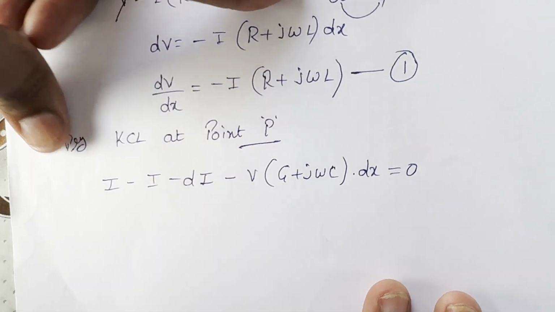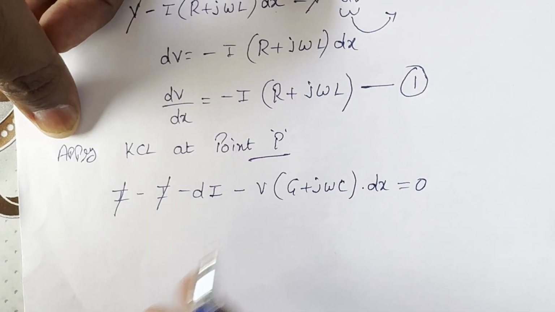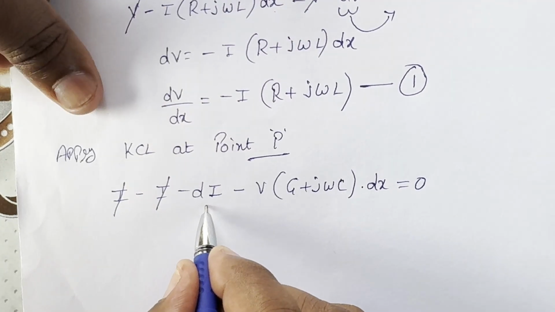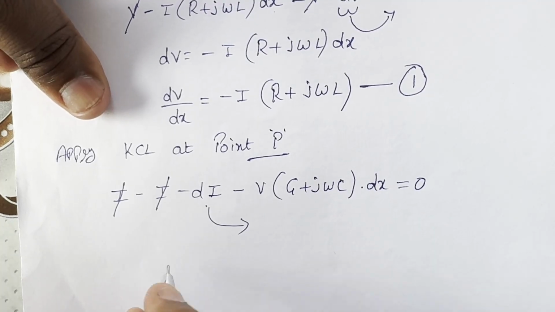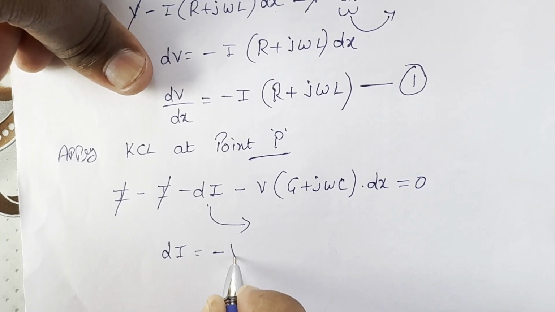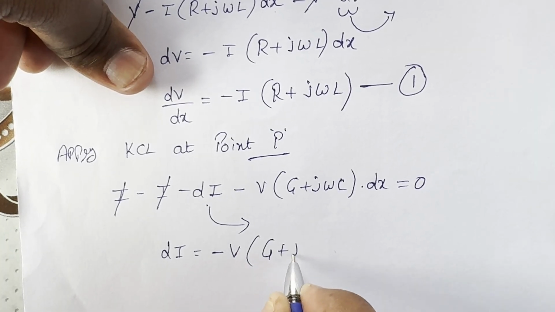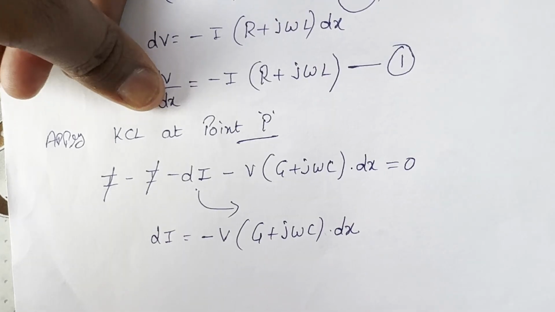So I will get cancelled. Then I take dI to this side, so dI equals minus V into G plus j omega C into dx.